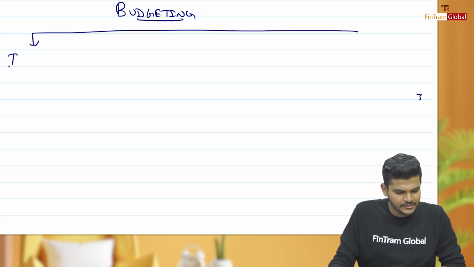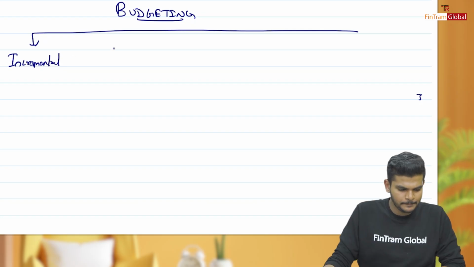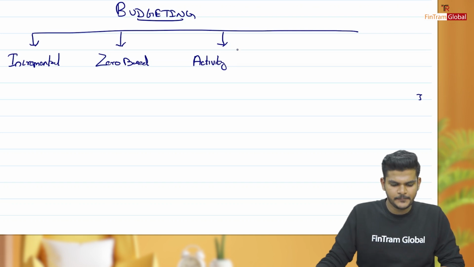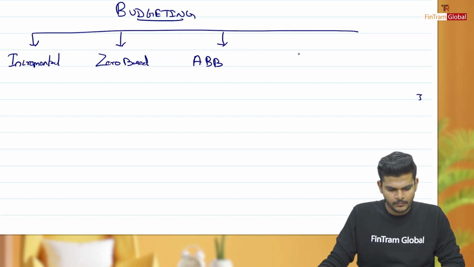There is obviously the traditional method, which is incremental budgeting, right? And then there is zero-based budgeting. And then there is activity-based budgeting, or I'll just simply write ABC budget or ABB. What else?